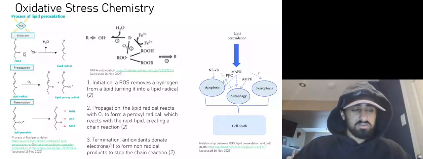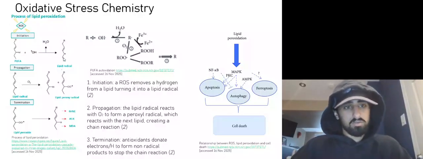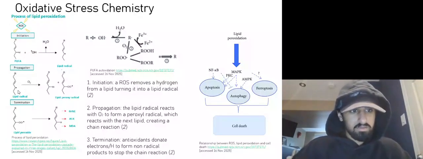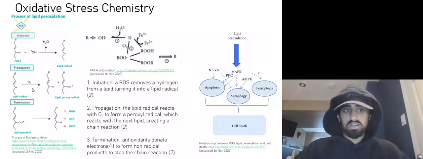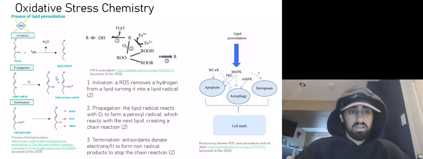In initiation, it's going to take this hydrogen from the polyunsaturated fatty acid to make water and a lipid radical. And in the second step, propagation, this lipid radical is going to react with oxygen and form a lipid peroxyl radical, and now you can see there's a chain reaction happening, where on each of these molecules there is an unpaired electron.